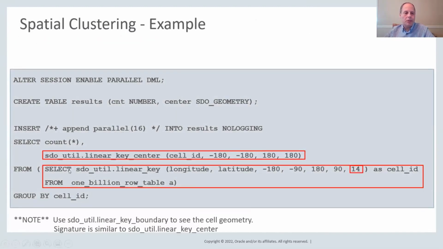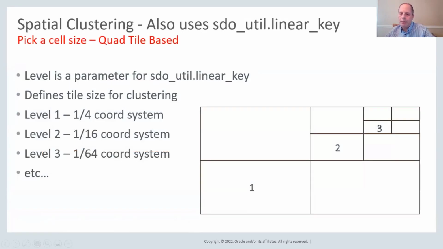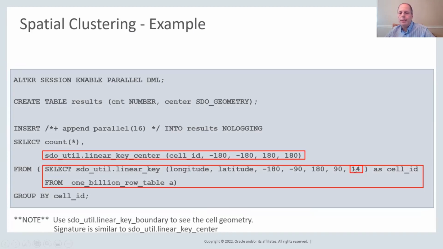And it's as simple as this. I have my 1 billion row table here, and every row in there is going to get clustered by this linear key. I'm going to select the longitude and latitude from the billion row table. I pass it the extent of the coordinate system, and this number means divide down 14 times. This was 3 times, 4 times. You go down, and you can determine what the size of that tile would be. The function returns the ID of the cell that that point fell in.